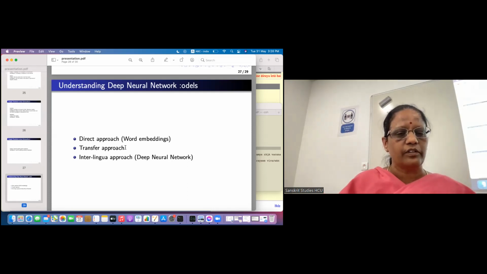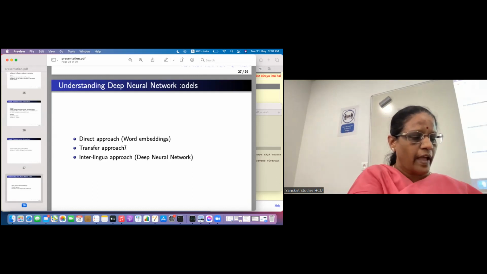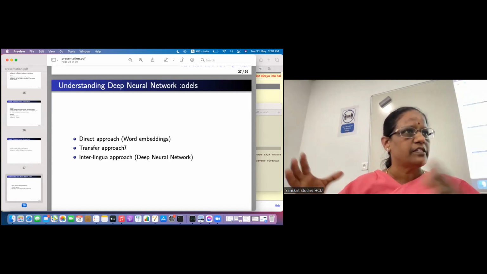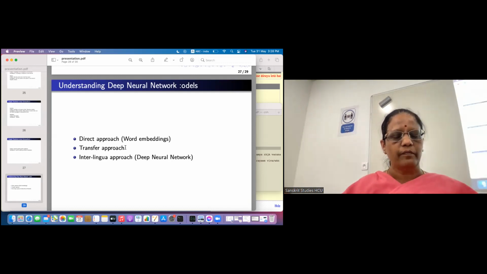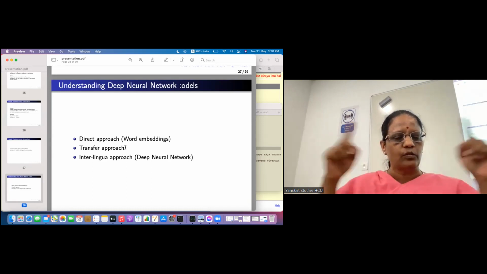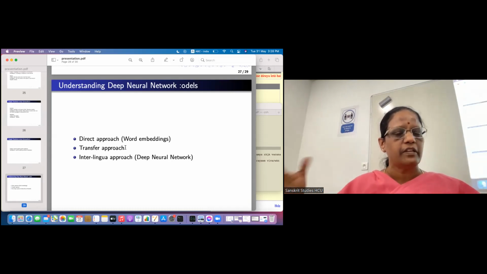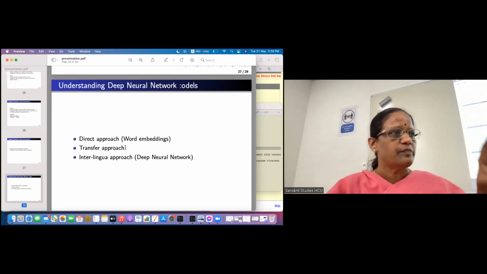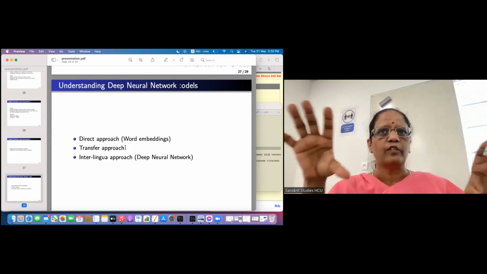Now what you are doing is you have the words and their representations, and the words from the other language and their representations. And from the earlier learning where you know the word mappings, you are now mapping the word embeddings. So essentially, the meaning spaces of two languages are being mapped.